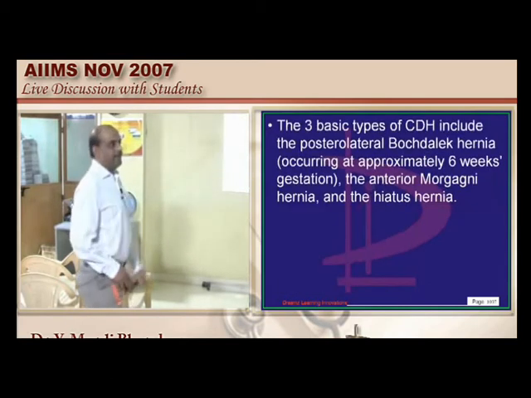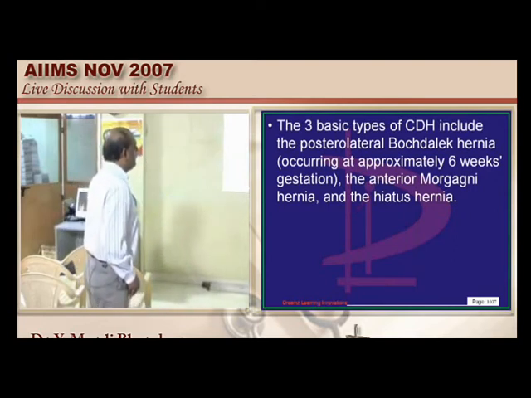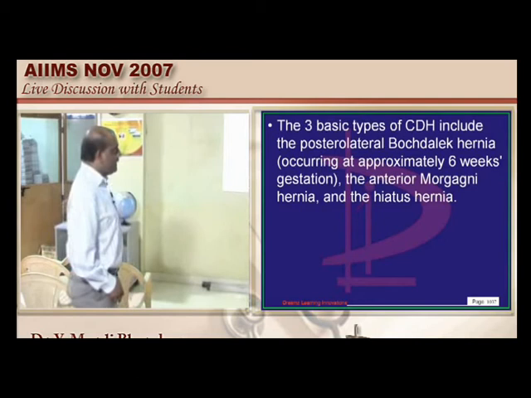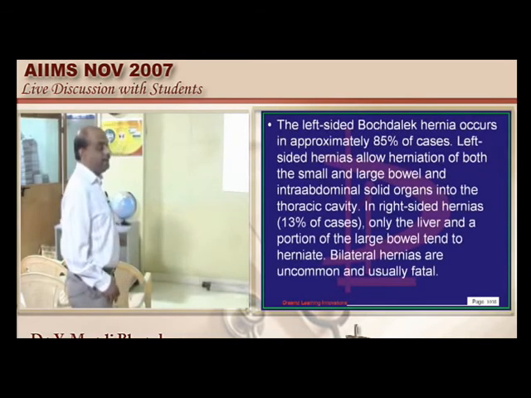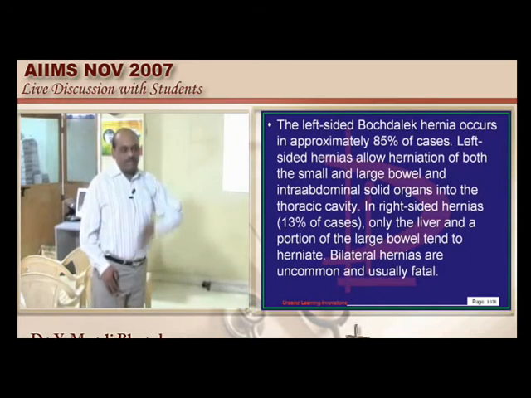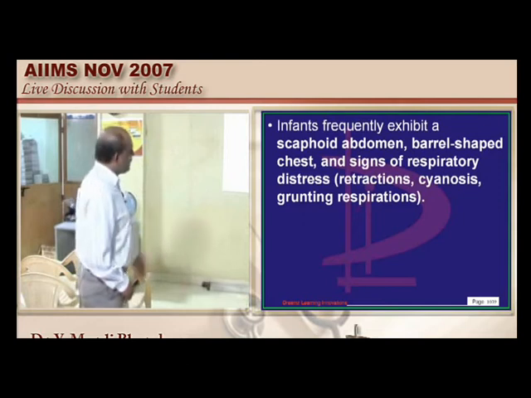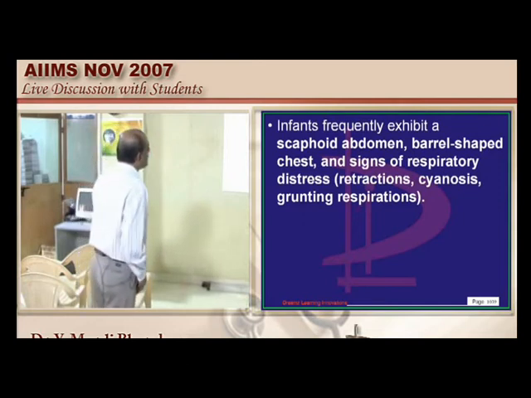And what are the different types, doctor? You have the posterolateral Bochdalek hernia, the anterior Morgagni's hernia and the hiatal hernia. Left-sided Bochdalek is the most common type out of all three. And because the intestine moves into the thorax, there is a scaphoid abdomen, barrel-shaped chest, signs of respiratory distress, etc.